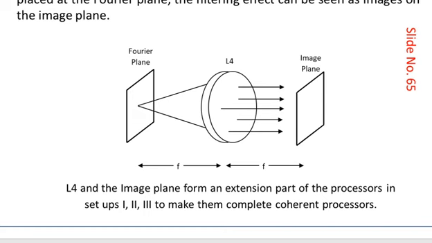You can place any object at these processors, but use the same FTH over here, and then you can see the effect at the image plane, that is the effect of the filtering due to this van der Rohe filter. L4 and the image plane form an extension part of the processors in setups 1, 2 or 3 to make them complete coherent processors.